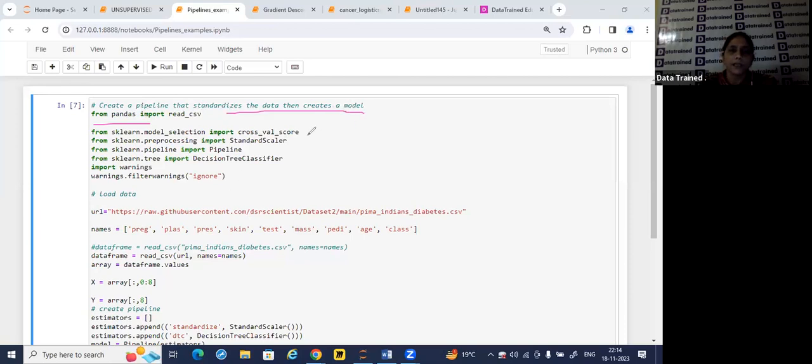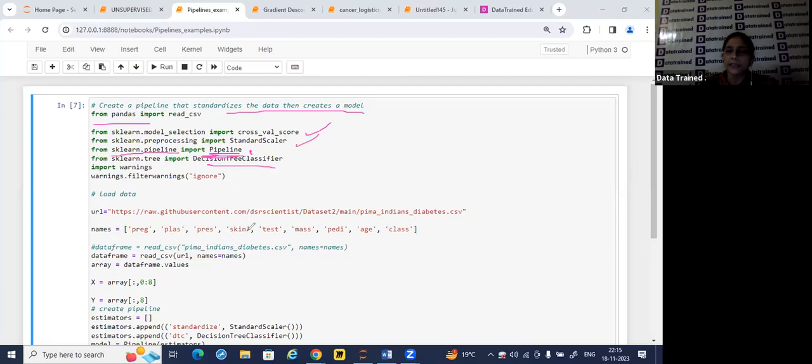Here I call certain libraries: cross_val_score, StandardScaler, and from sklearn.pipeline import Pipeline. This is available inside scikit-learn, and I called any model I had created here.